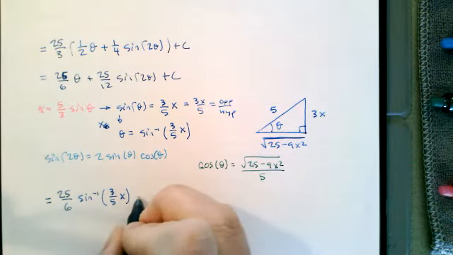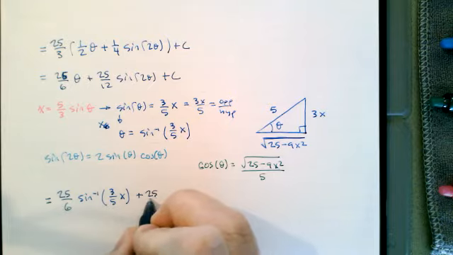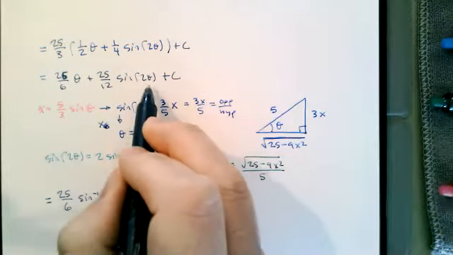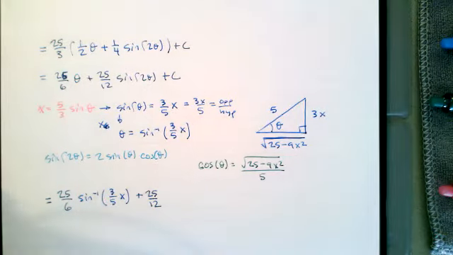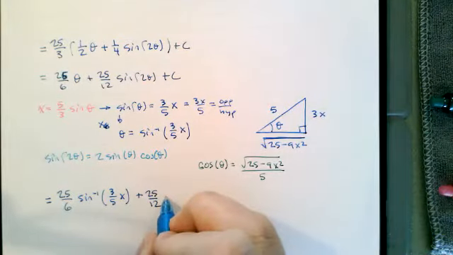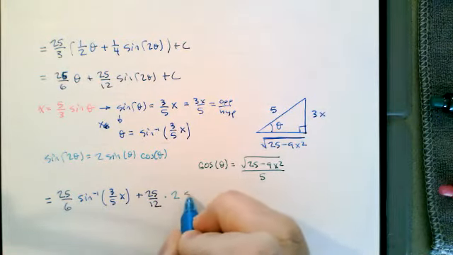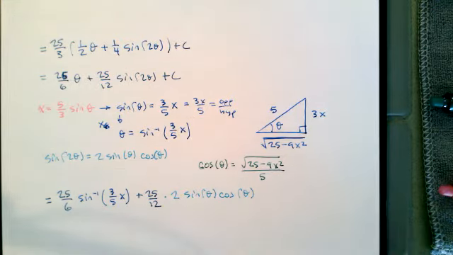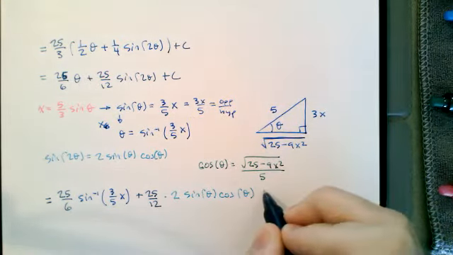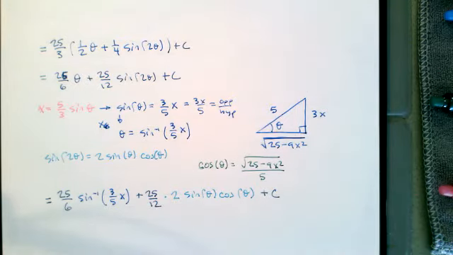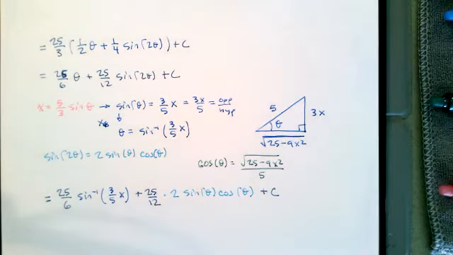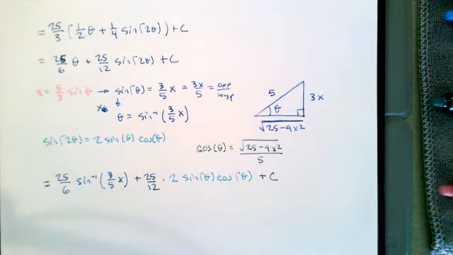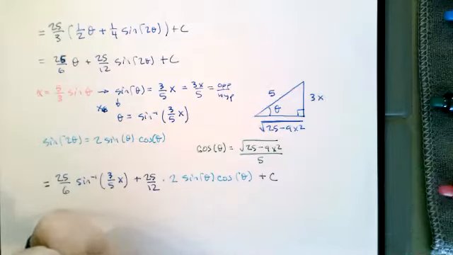I'm going to have plus 25 over 12 times the sine of 2 theta, which I'm going to replace with 2 sine theta cosine theta. Still haven't lost my constant of integration. So I'm going to replace the sine theta with 3x over 5, and I'll replace cosine theta with the square root of 25 minus 9x squared over 5.